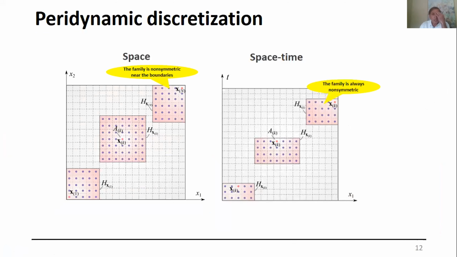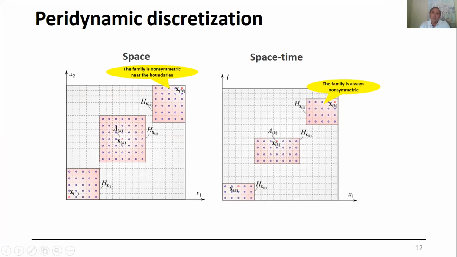So peridynamic discretization, you can have discretization in space, like for two-dimensional analysis, or you can actually have it in space-time. So this differential operator also applies to time. So for example, if you have a space-time discretization, the point of interest will never have a symmetric position in the interaction domain, because whatever happens in the time direction is going to be always in the past.